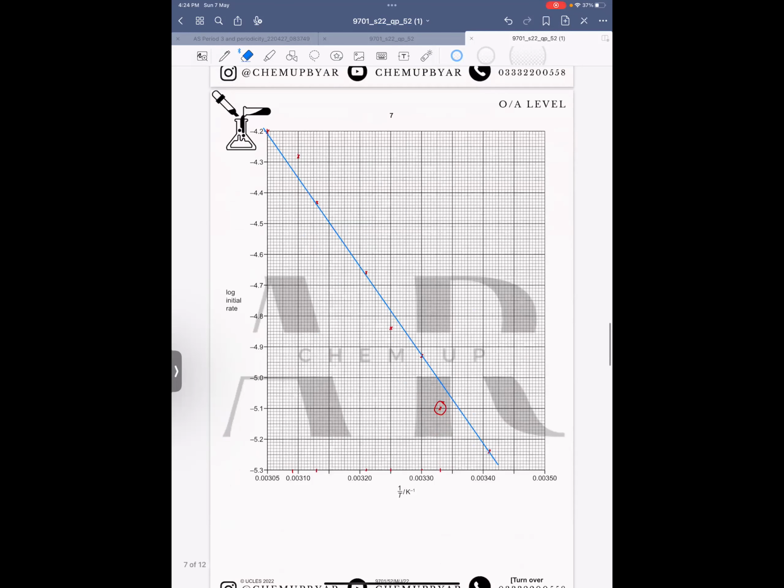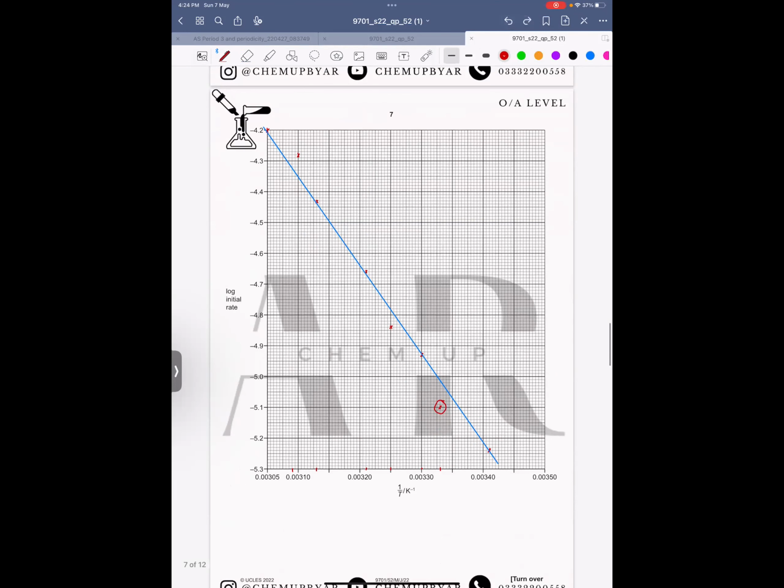This point is being over here, which is indicating that, because it's a reciprocal, the temperature we have recorded is higher than the actual temperature. The actual temperature would be lower.